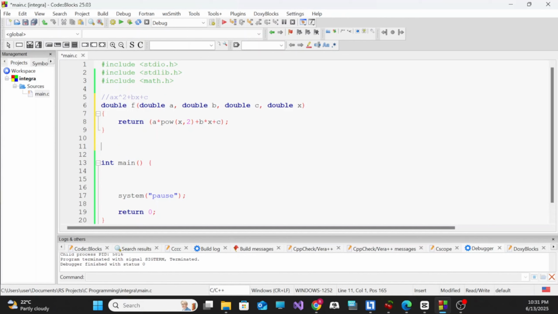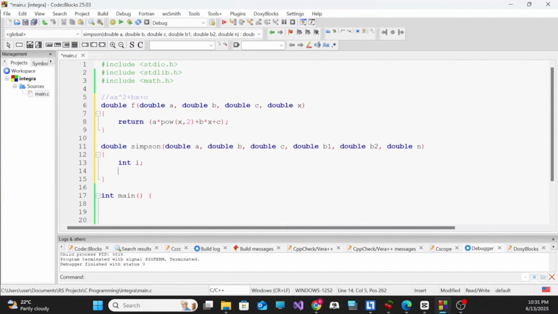Then the function that will evaluate the integral using Simpson's rule. Double Simpson, double a, double b, c, and the boundaries double b1, double b2, finally n, which is the number of slices for this integral.